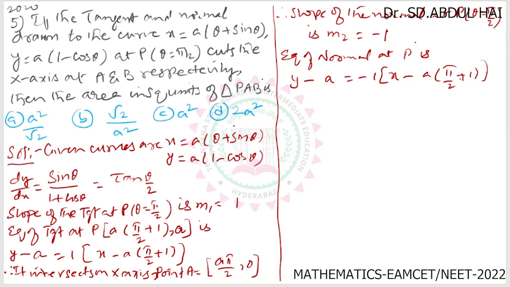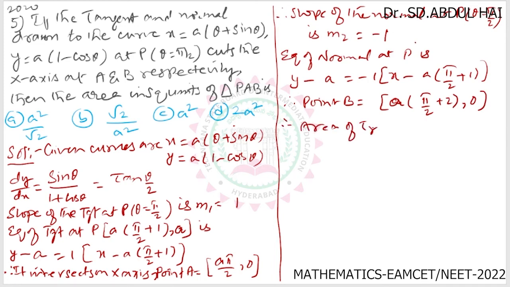Okay. Now, similarly, it intersects on the x-axis. Therefore, point B is nothing but (a into pi by 2 plus 2, 0). Therefore, basically we want the area of the triangle.